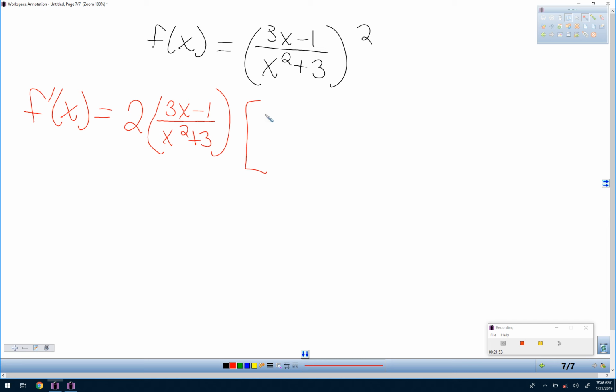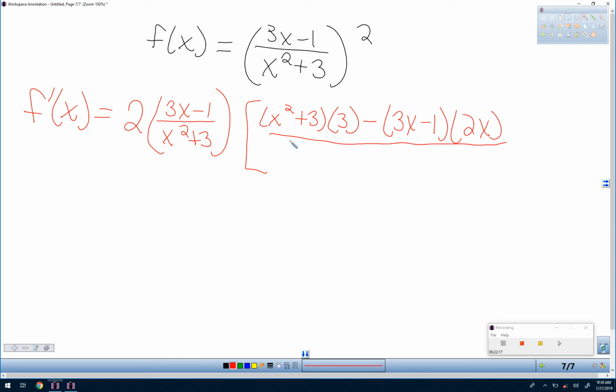Low is x squared plus 3, low d high would be 3, minus high d low would be 2x, all over low squared. So that would be x squared plus 3 squared.